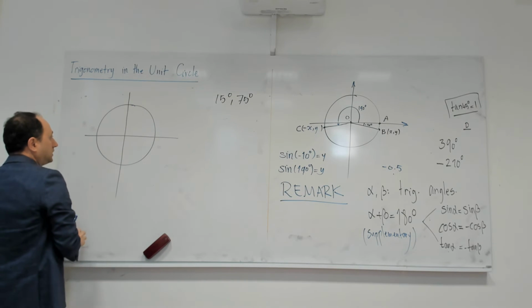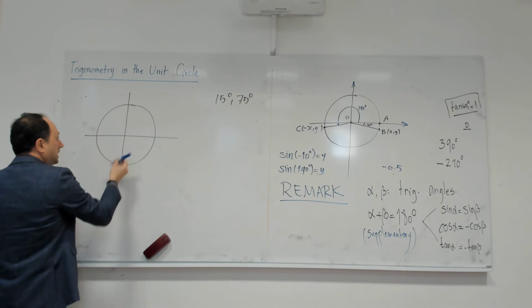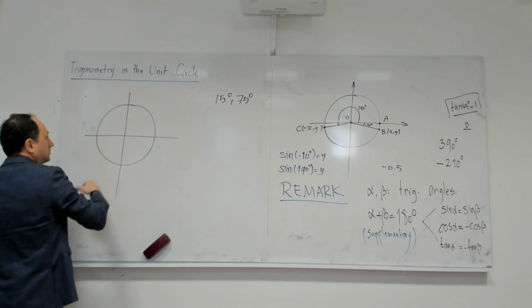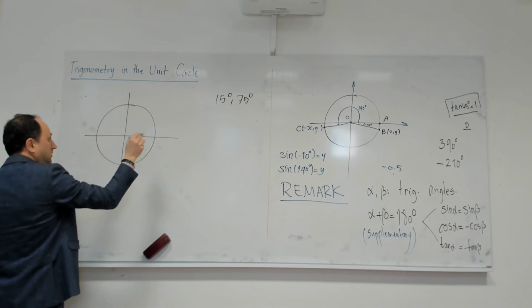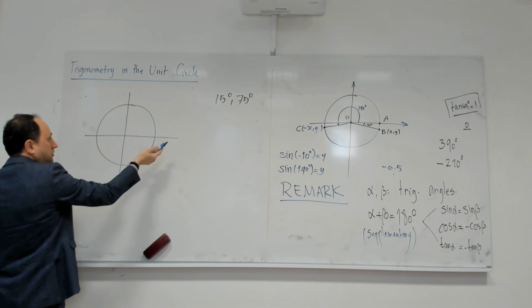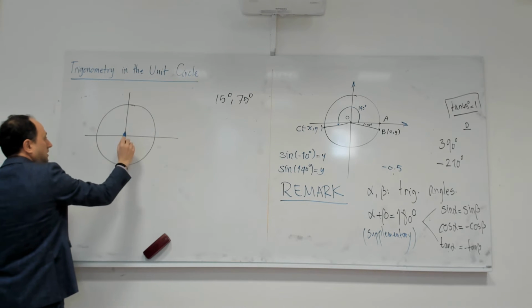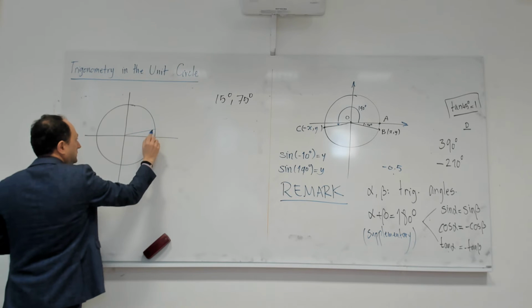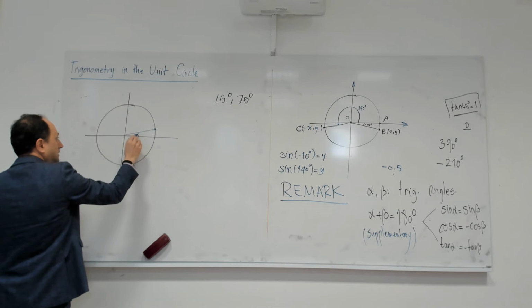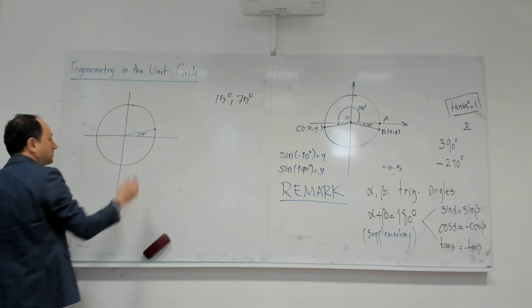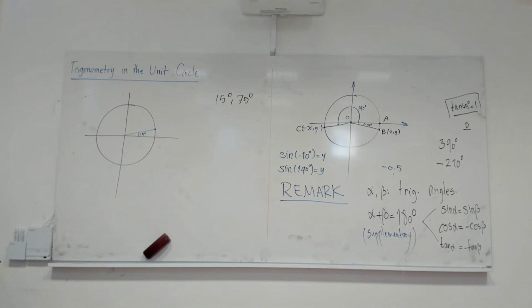So 15 degrees means I start from here and rotate 15 degrees positively, then I stop. I hope that something like this will happen. Let me exaggerate a little bit so that you can see it. Maybe 15 degrees is a little bit smaller, I don't know, but assume that this is 15 degrees.